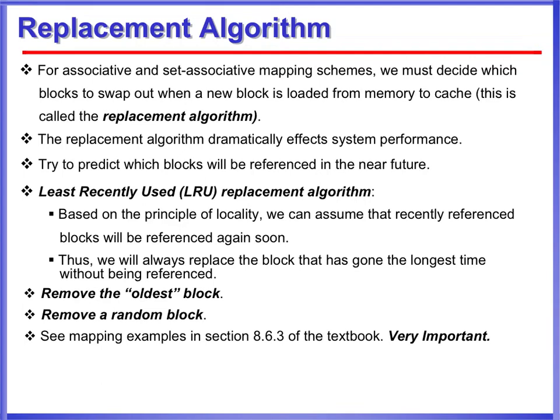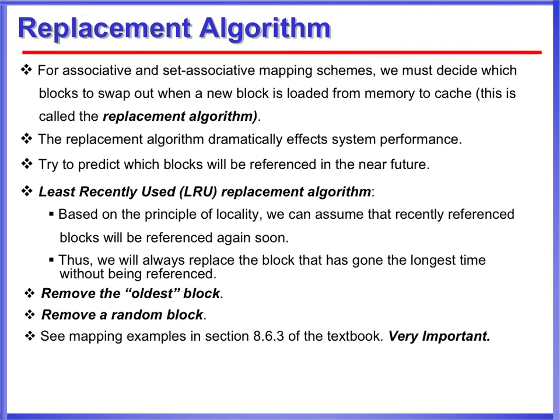Which block do I choose to replace? I'm going to replace the block in cache that has not been used in the longest time. If I haven't used that block very recently, chances are I'm not going to need it again soon, so I might as well overwrite it with my new block from main memory. We call that least recently used.